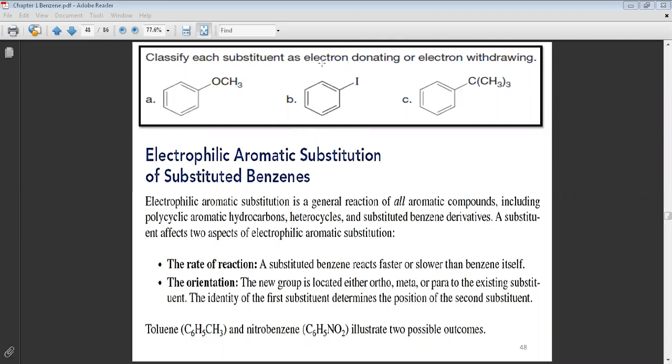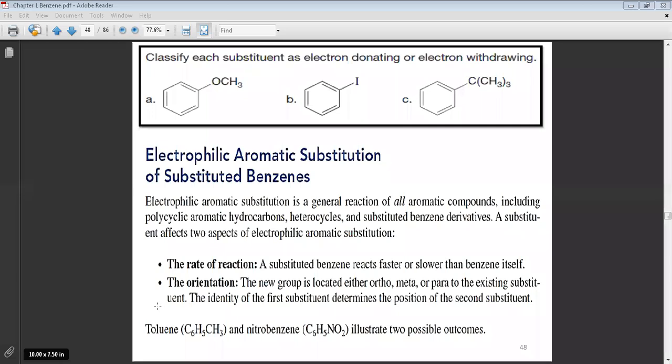The same thing here from the top, ortho, meta, or para. That is the orientation. We can divide all the groups into three main groups for the orientation. We will take it, inshallah, in the next slide.